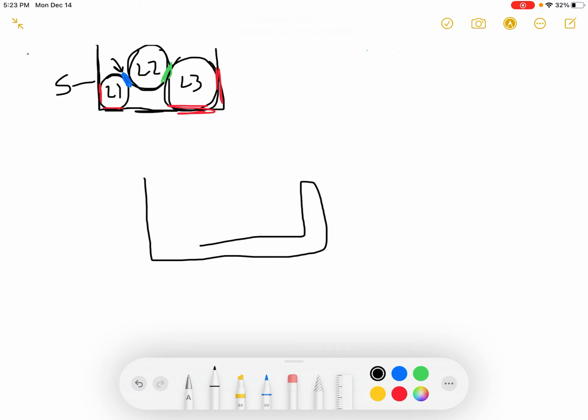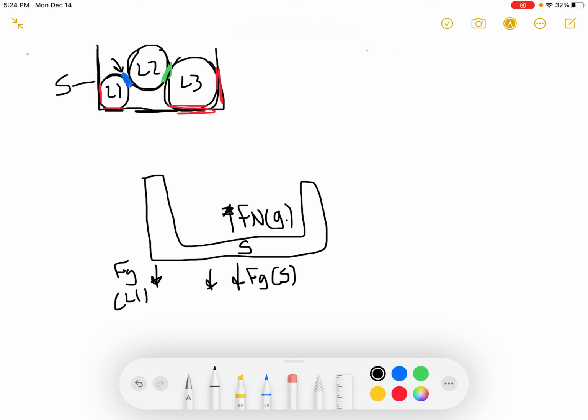First, there's going to be a gravity force down of the stand. There's going to be a normal force up of the ground. I'll just say G. And then there's other forces also. Because the logs are resting on it, there's going to be more gravity forces. For log 1, there's a gravity force. And for log 3, there's a gravity force.